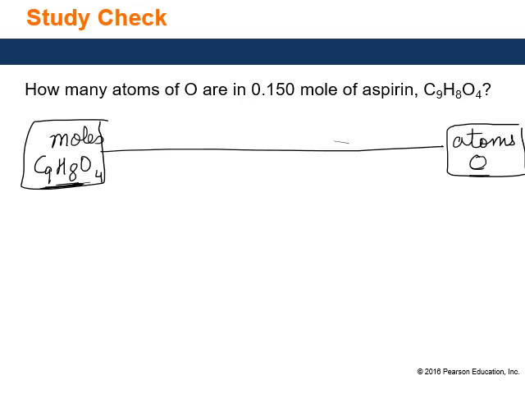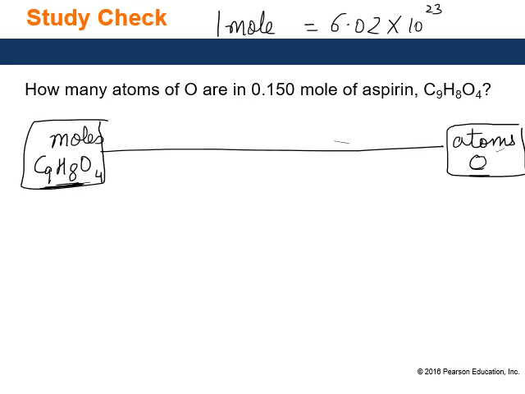If I need atoms of oxygen, the only relationship you need between the number of atoms or particles is that 1 mole of a certain substance has 6.02 times 10 raised to power 23 atoms or molecules of that substance, which means I need to use this, okay? Because there's no other way to get to number of atoms.